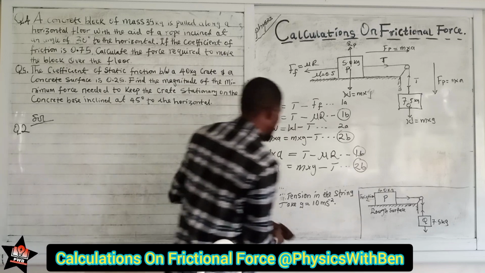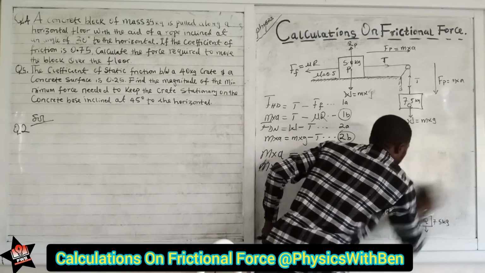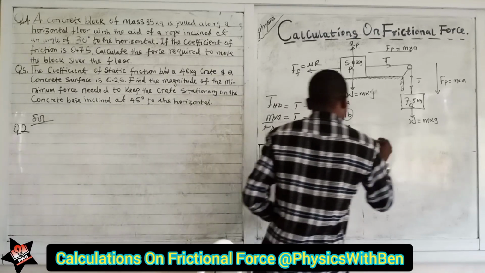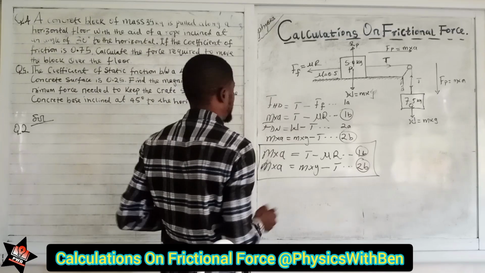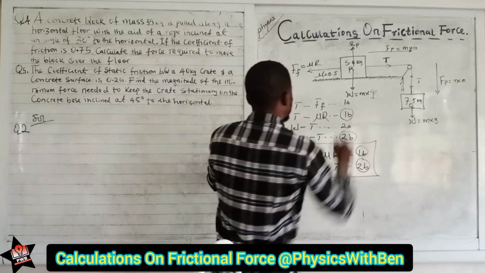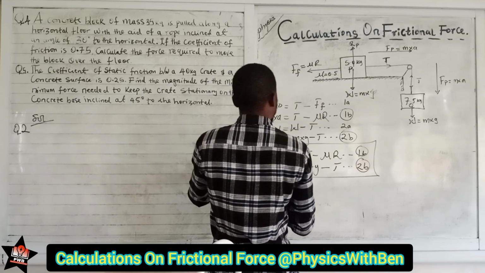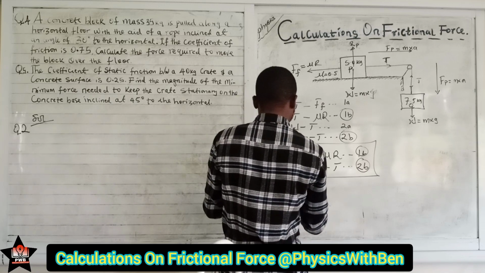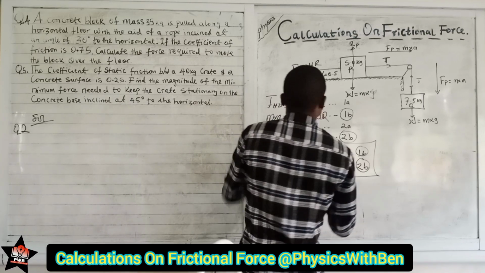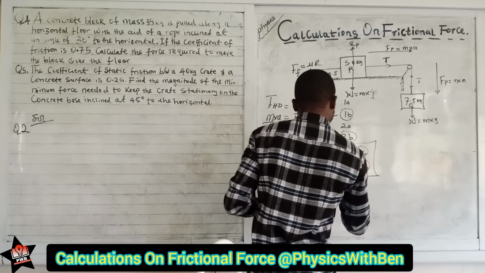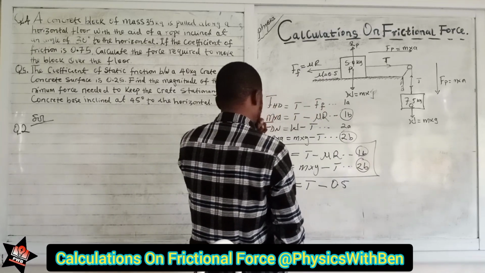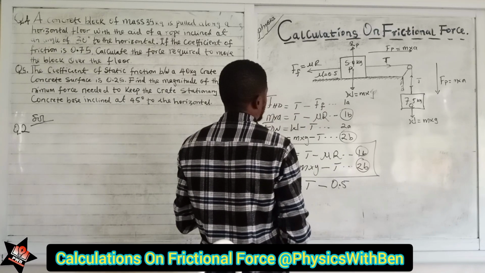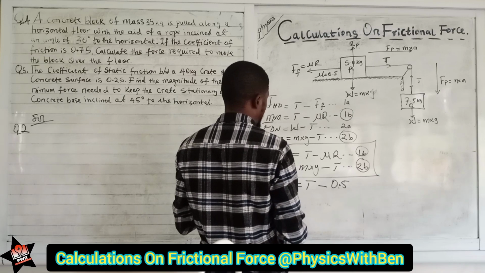So we have to find the tension in the spring. These are the equations we are going to use. For the first one, our mass is given as what? We have 5 times A is equal to T minus 0.5 times the normal reaction.